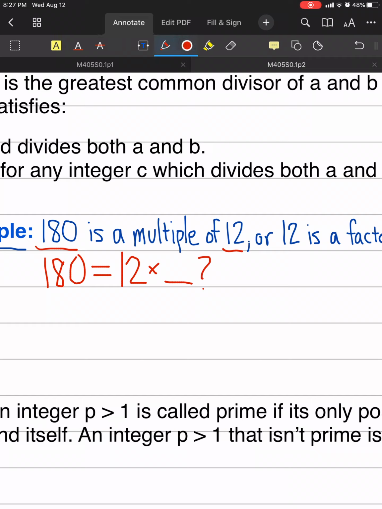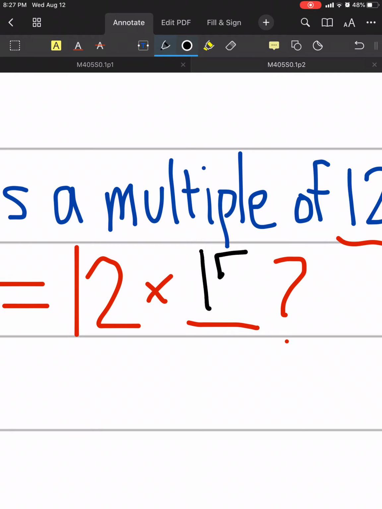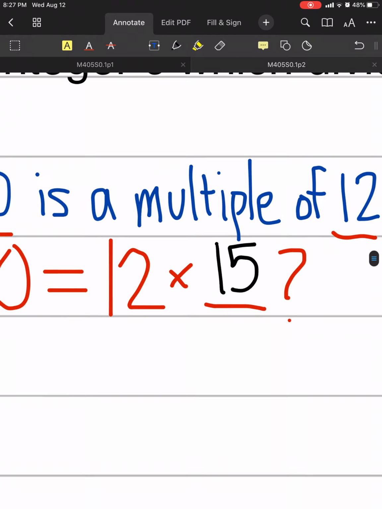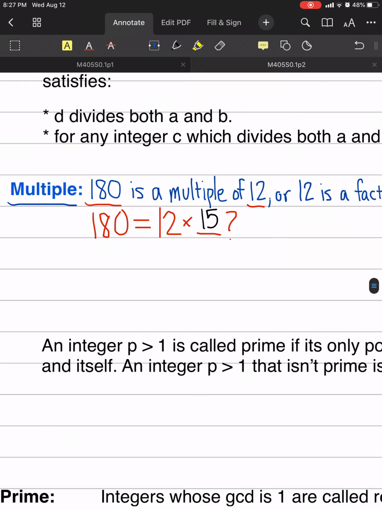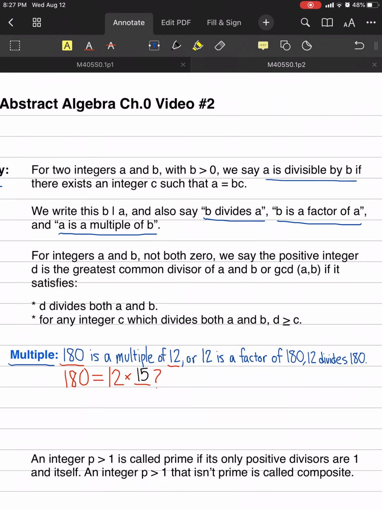Okay, and if you're back, this should have been pretty easy for everybody. 180 is 12 times 15. Now, here, that number happens to be 15. It doesn't matter what that number is. You'll notice we don't even specifically say anything about C. C can be any number.